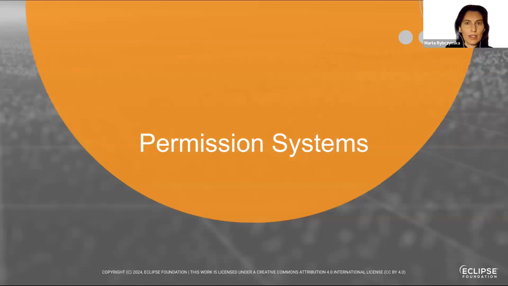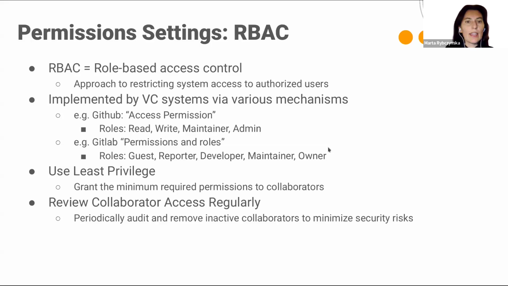You have probably heard a lot about permissions. In the version control system, you also have permissions. And we are usually dealing with role-based access control. Yes, this is a repeat of things that you have heard already. In the version control, it is implemented with different names.